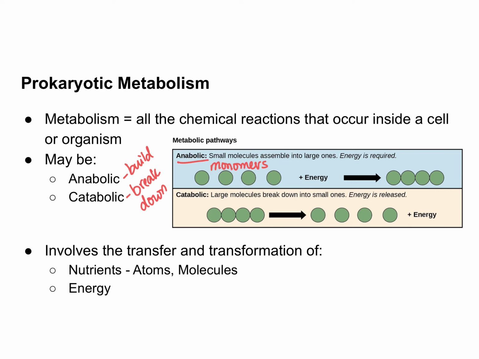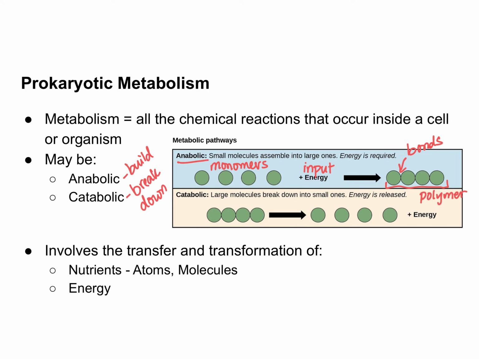So things like monosaccharides, amino acids, nucleotides, all of these monomers that you probably learned about when you learned about macromolecules, which are polymers. And there has to be an input of energy during anabolism. So energy plus monomers, they're able to form chemical bonds in between the monomers to make a polymer.